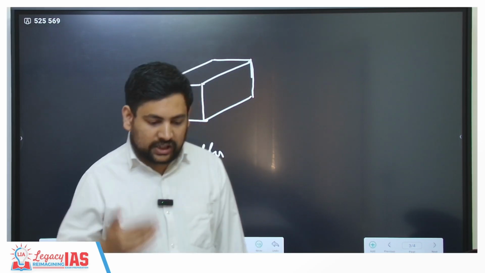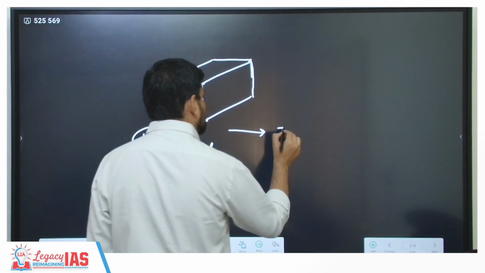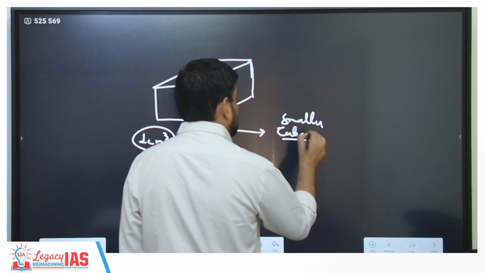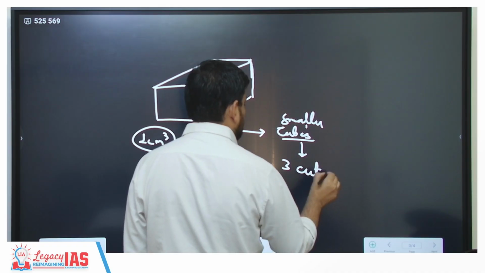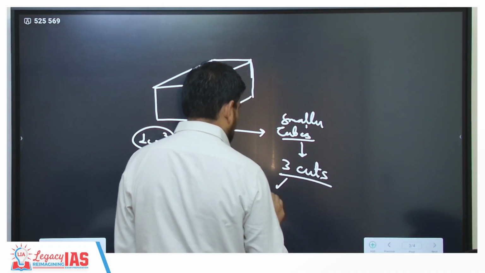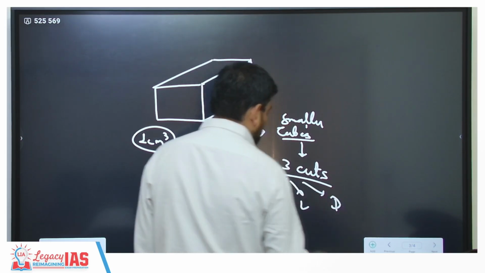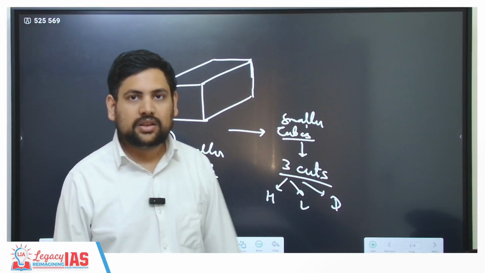These are the 3 kinds of cuts, horizontally, vertically and depth-wise, that I make to eventually get smaller cubes.